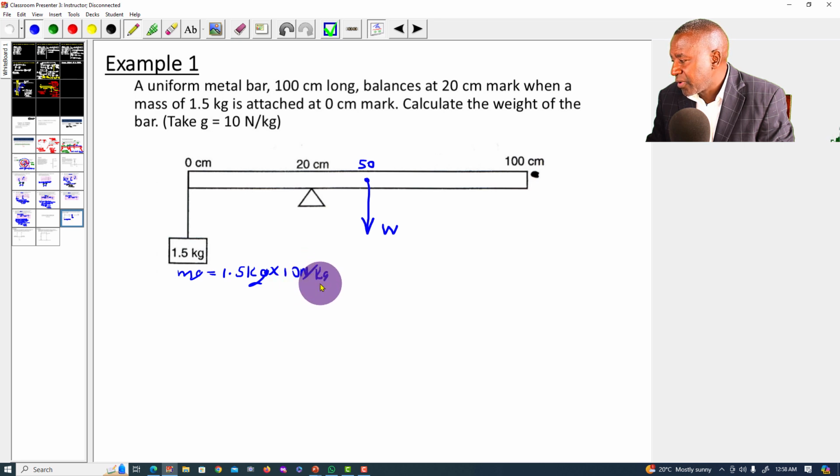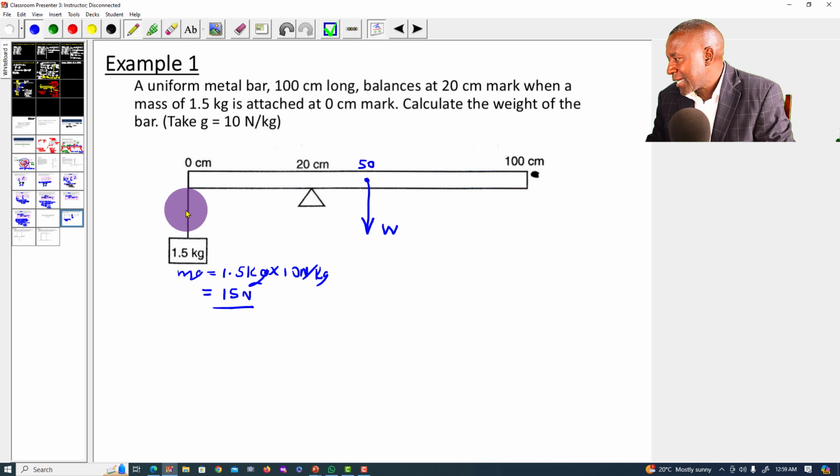That is how you convert mass in kilograms into weight in newtons, and you're going to get 15 newtons. So this is the force that is acting at this particular point, 15 newtons.